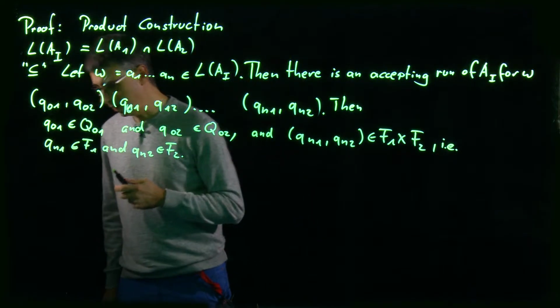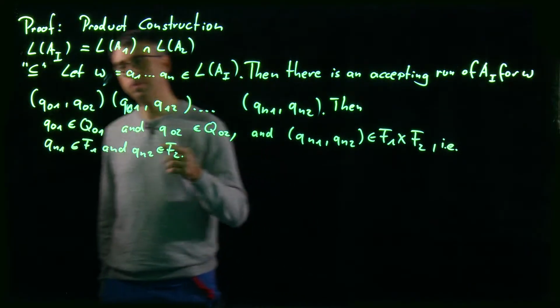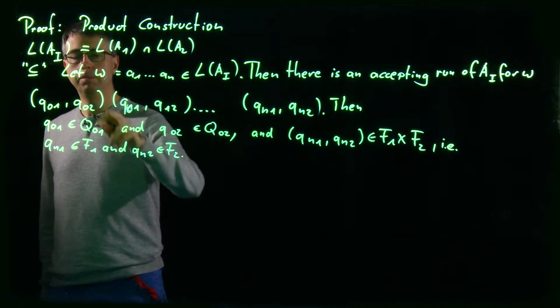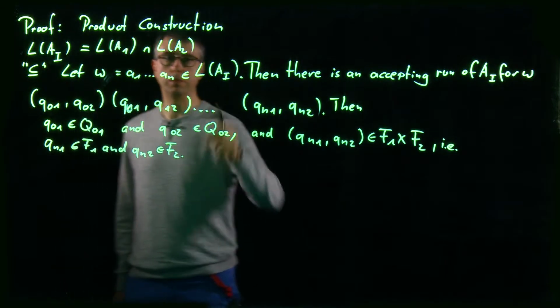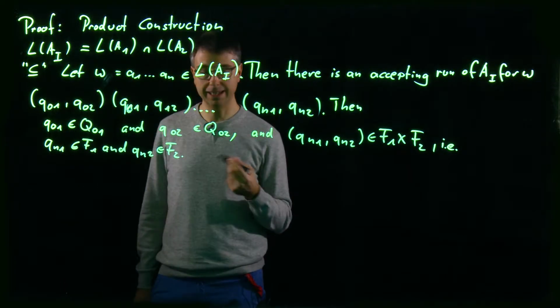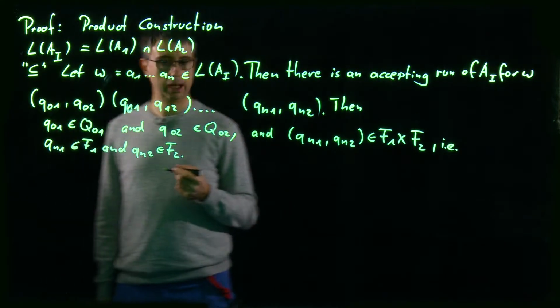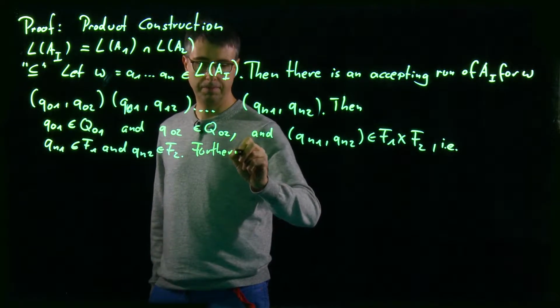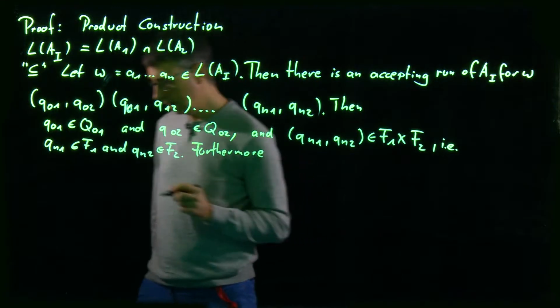Okay, this we have. Now we have to use the definition of the run, meaning that there should be a transition from each of the subsequent states in the run. Furthermore, what do we know?